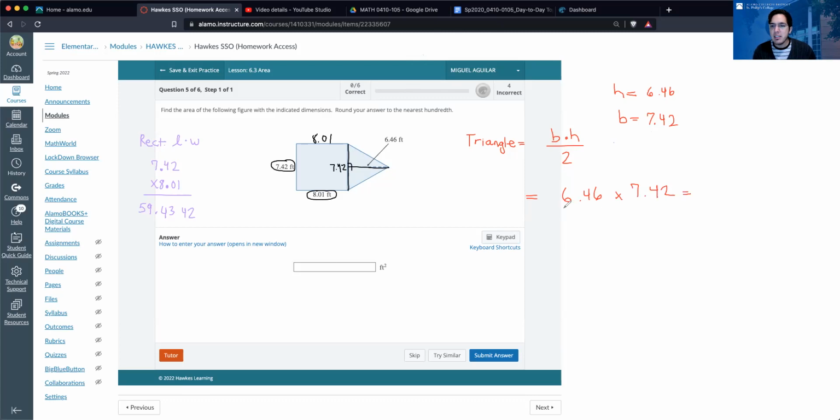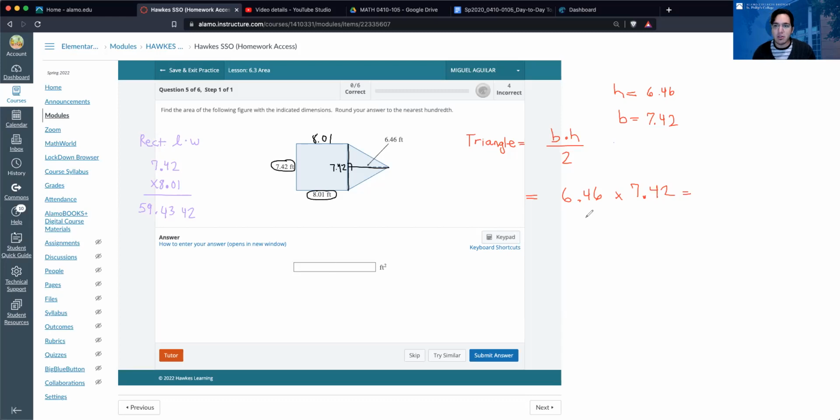And again, 6 times 7 is about, what should that be? 42. So since this is almost 6.5, like 6 and some change, and this one is almost 7.5, so like 7 and some change, we should have something a little bit higher than 42.